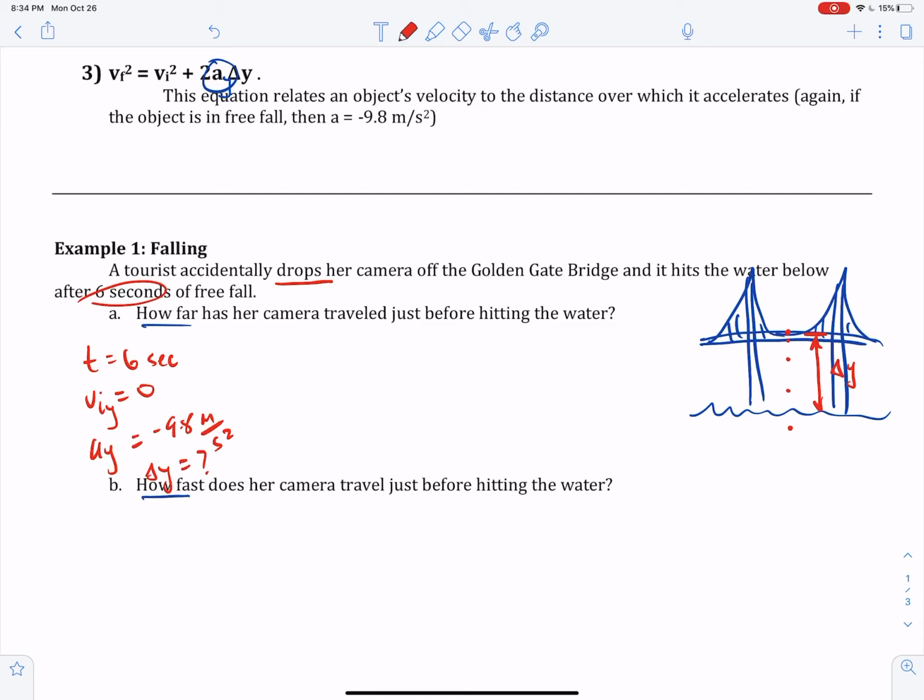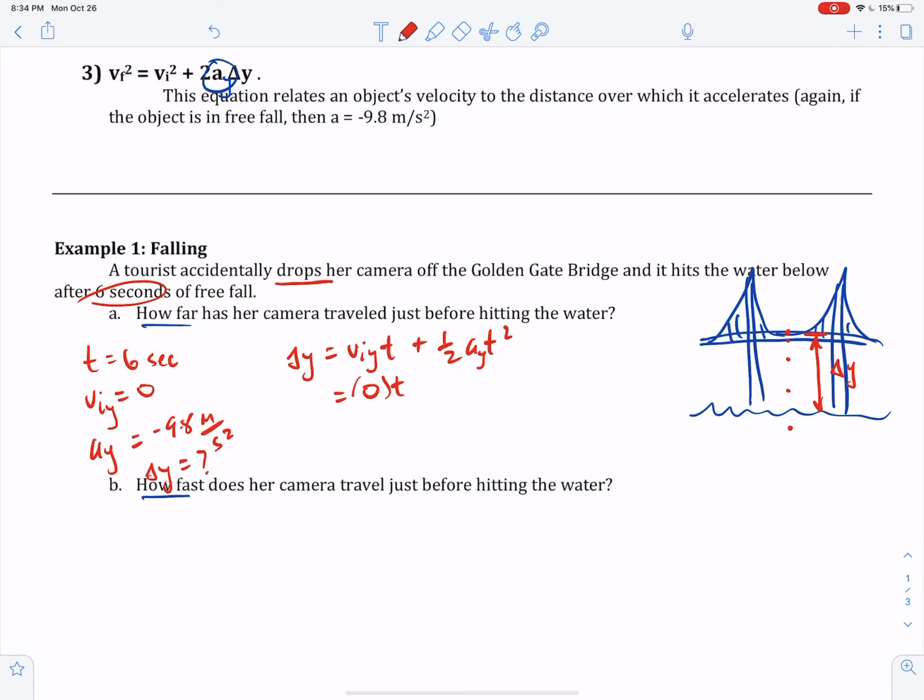So here we go. Let's try equation 1, which says that the change in vertical position is the initial vertical velocity times time plus 1/2 a t squared. We know that the initial vertical velocity is 0.